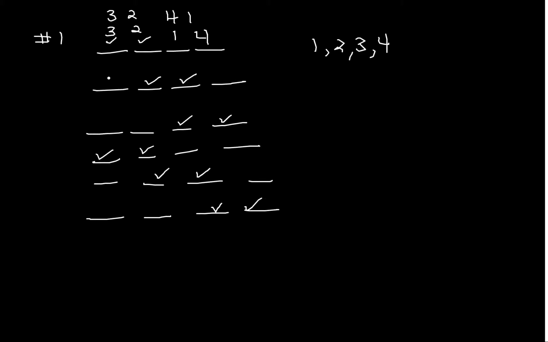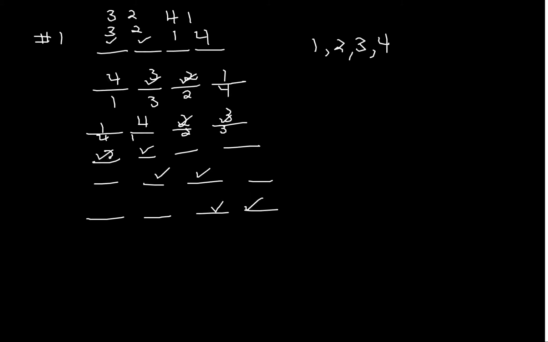So each one of these, you could have 4, 3, 2, 1, or a 4, or a 1. This one's totally different: 1, 3, 2, 4. And then this is your 2, 3 right here. So you could have a 1, 4, 2, 3, or a 4, 1, 2, 3.